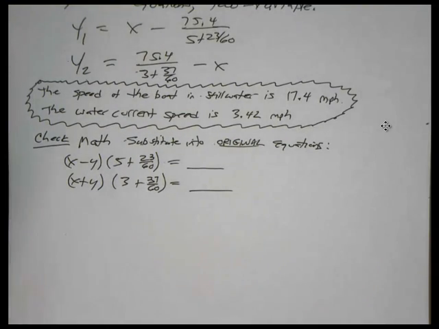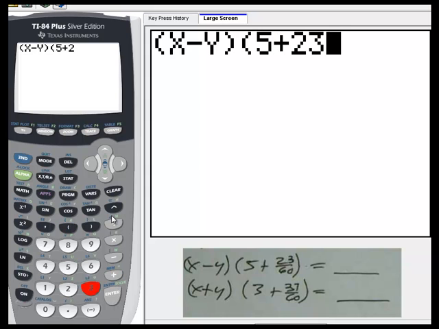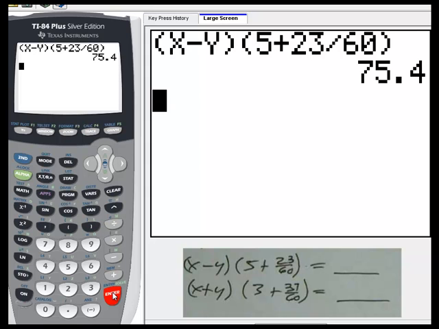Okay, at the calculator, we can take this first equation's right-hand side. That is, parenthesis, x minus y, parenthesis, times parenthesis 5 plus 23 divided by 60, parenthesis, go. Okay, 75.4.